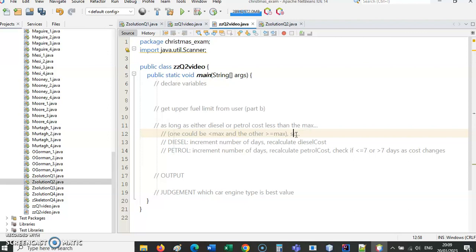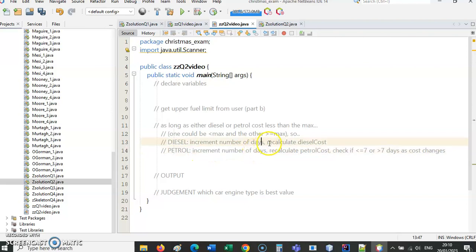Once we're inside the loop, for each one that's less than the max, we are going to have to increase the price of diesel or the price of petrol, and the number of days before we reach the limit is going to increase by 1 in both cases.